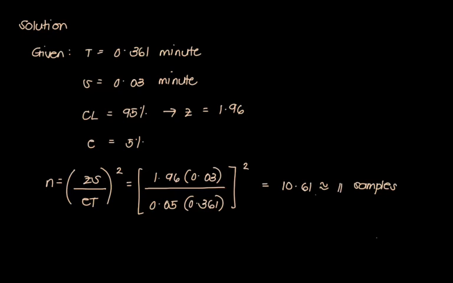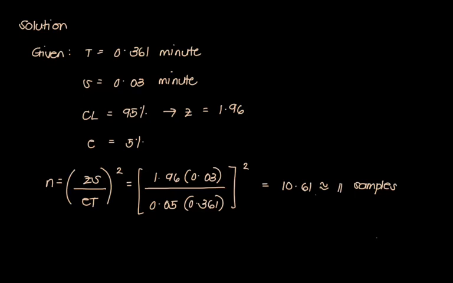Now, what does the 11 samples signify? If we go back to the given problem, the preliminary time study already conducted 10 cycles of the job. So, yung 11 samples, ibig sabihin, they need a total of 11 samples to be 95% confident that their error is 5%.